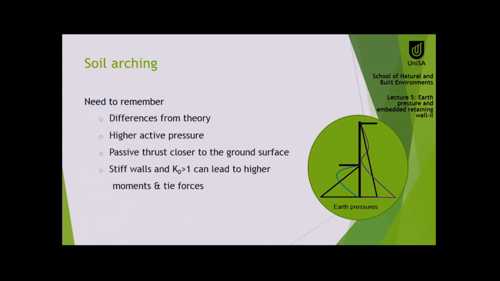The passive thrust goes closer to the ground surface, the maximum passive thrust. Just think about it. If you're taking moment over there, the location of the force goes up, so the resisting moment is lower in this case. If it is a stiff wall, but K0 is higher than 1, that means overconsolidated soil, so it could give us higher moment and tie force.